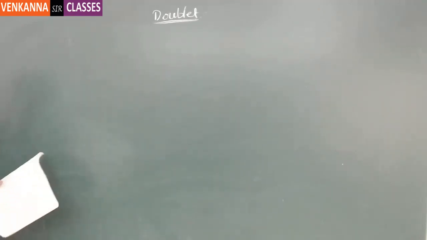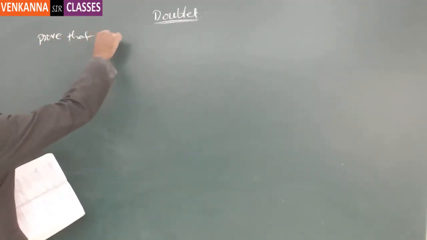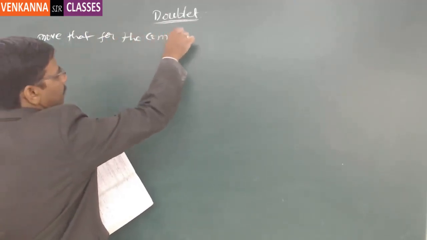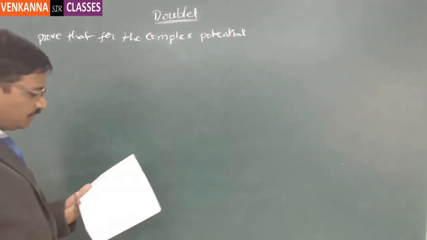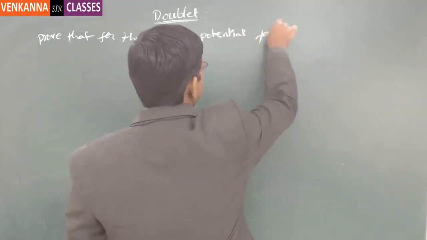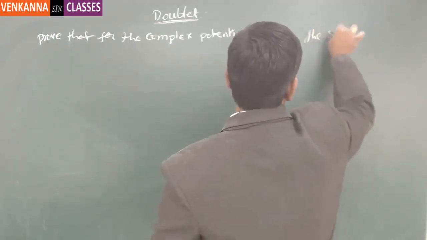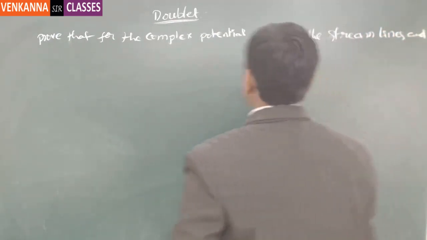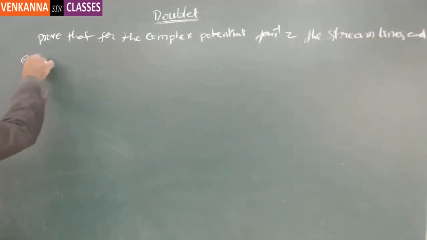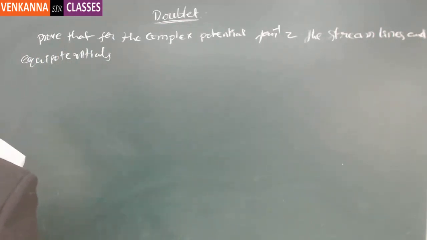Prove that for the complex potential tan inverse Z, the streamlines and equipotentials are circles.